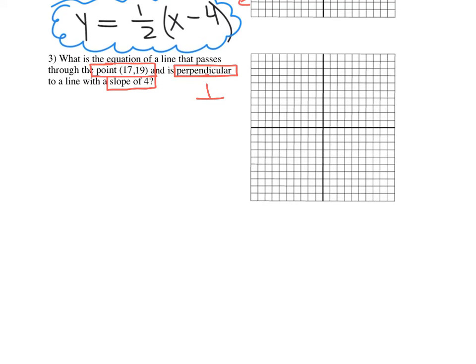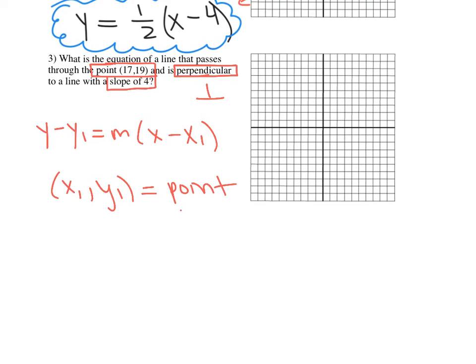We're going to use point slope form: y minus y1 equals m times x minus x1, where (x1, y1) is the point on the line, and the slope is m. Okay, let's see what we got. So I'm going to start to fill in.